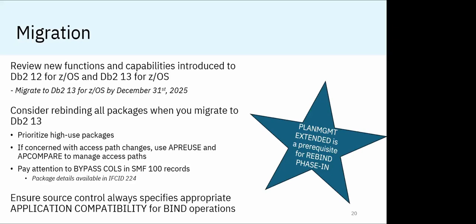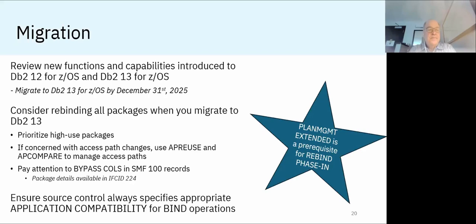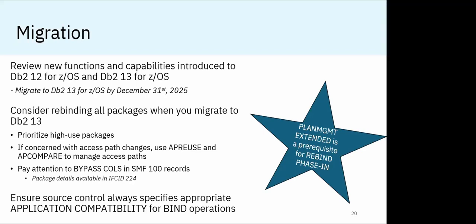If you're concerned with access path changes, you can use the AP reuse and the AP compare to manage your access paths. And pay attention to the bypass calls that you can find in the SMF 100 records. There recently has been a case where there was a really high number of bypass calls, and it was just a quick little tweak that the customer had to do.